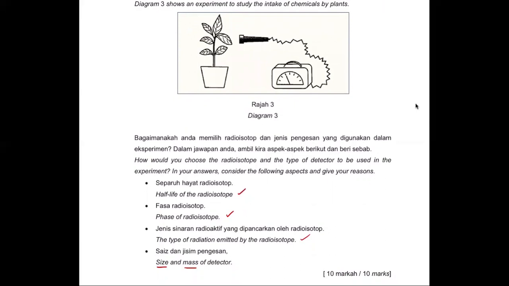Reason is high mobility and easy to handle. And then the last one is type of detector, type of radiation emitted by the radioisotope. So the detector would be Geiger-Müller counter. Reason, it can detect the radiation emitted and count the activity of the radiation quickly.